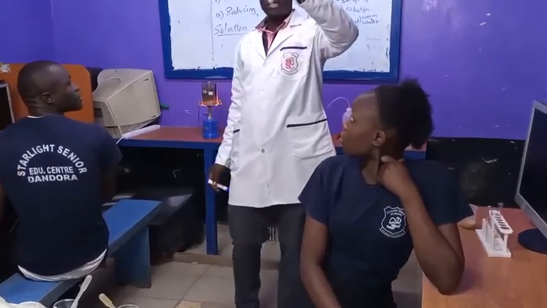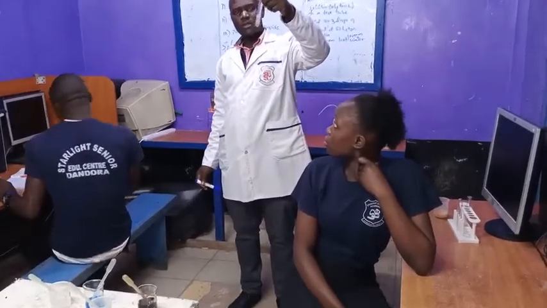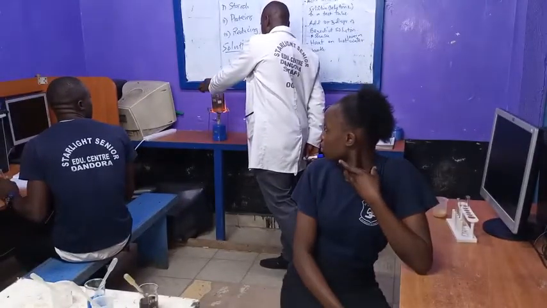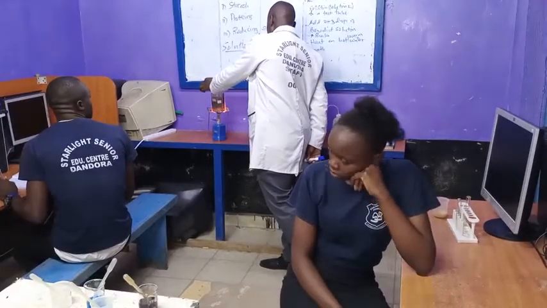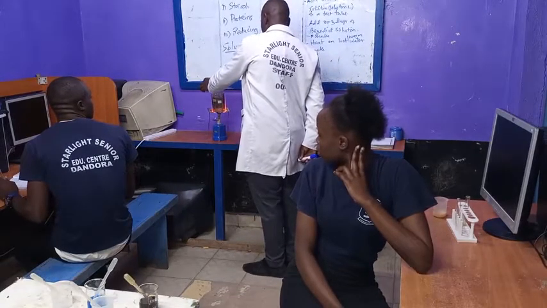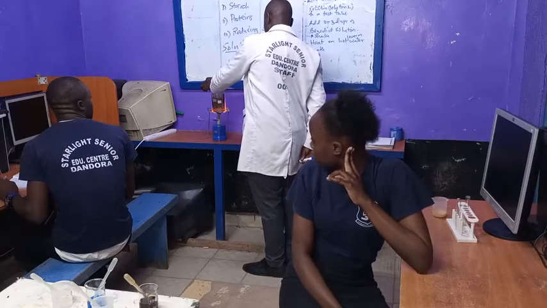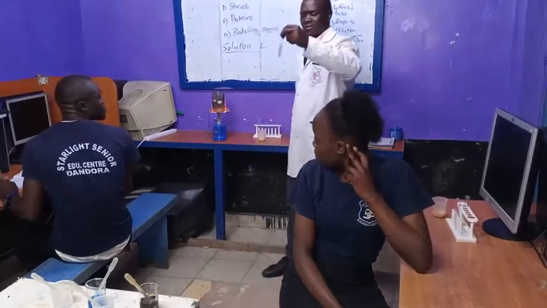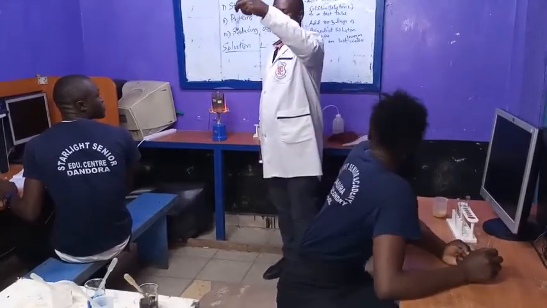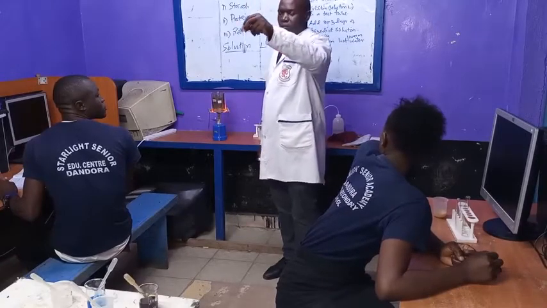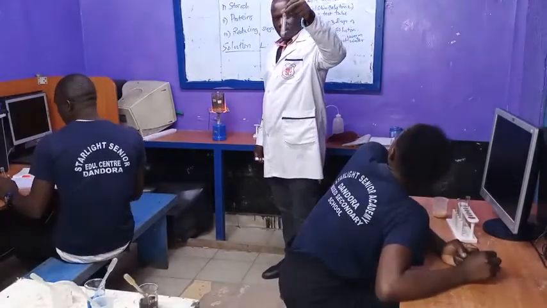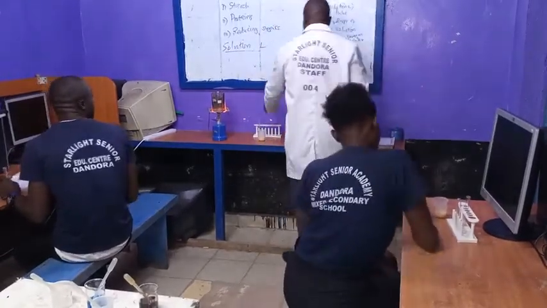So the color is coming to something near brown, but it's not so brown as you expect. So it is persisting. Is it changing further? It's persisting.